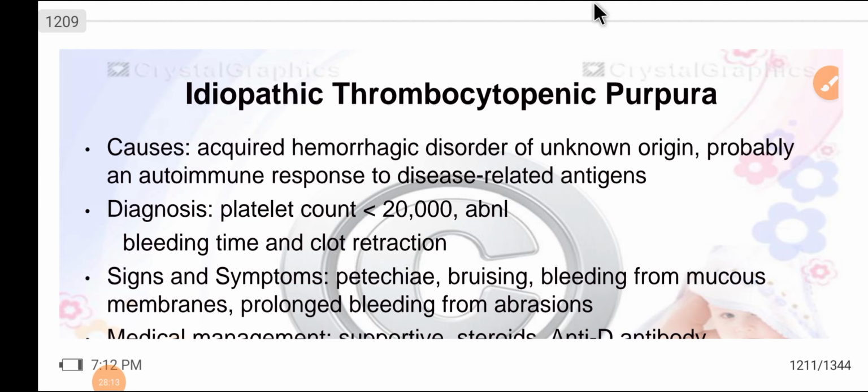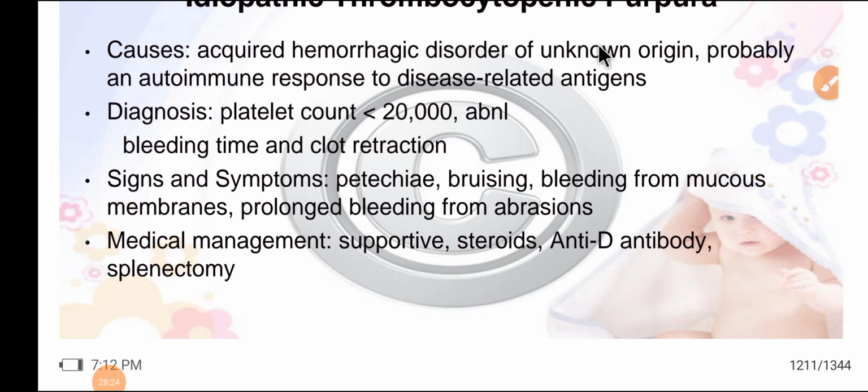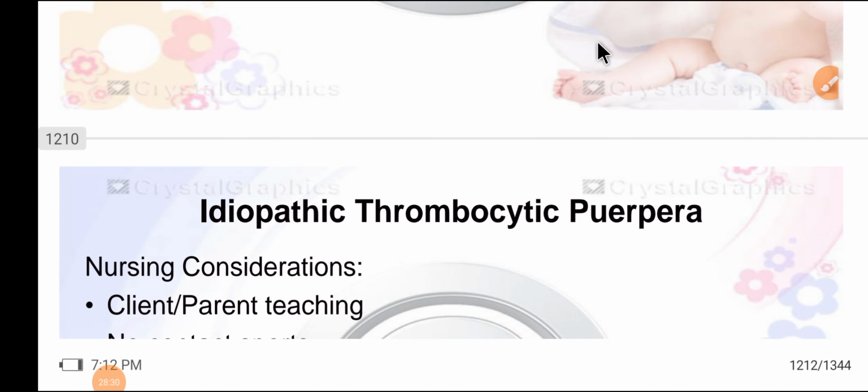Signs and symptoms: petechiae, bruising, bleeding from mucous membranes, prolonged bleeding from abrasions. Medical management: supportive, steroids, anti-D antibody, splenectomy.